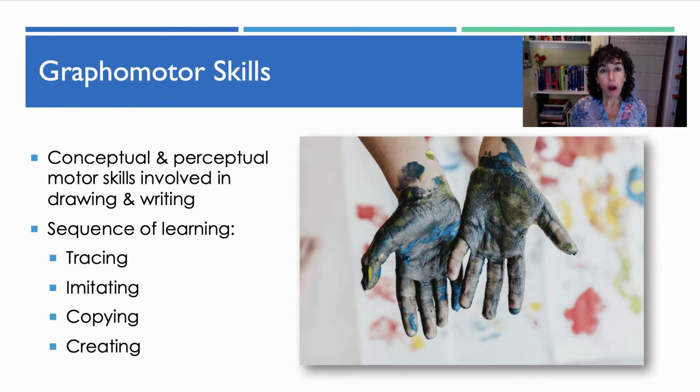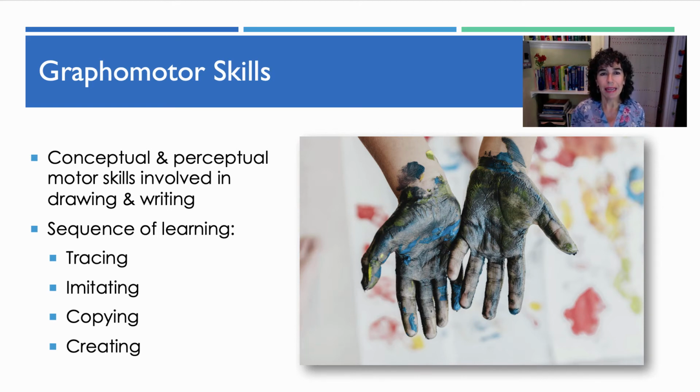The preschooler also begins to develop graphomotor skills, and graphomotor skills are defined as the ingredients that go into drawing and writing. We're going to also review this information in class, but I want to give you a little bit of an introduction. So conceptual and perceptual motor skills are involved in drawing and writing, as well as motor skills within the hand.